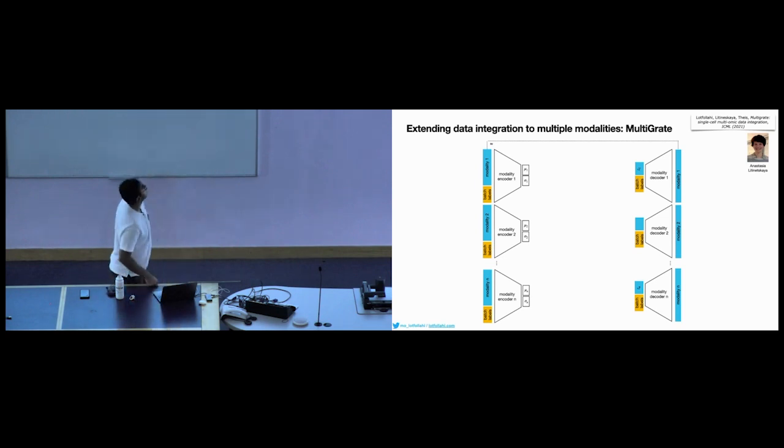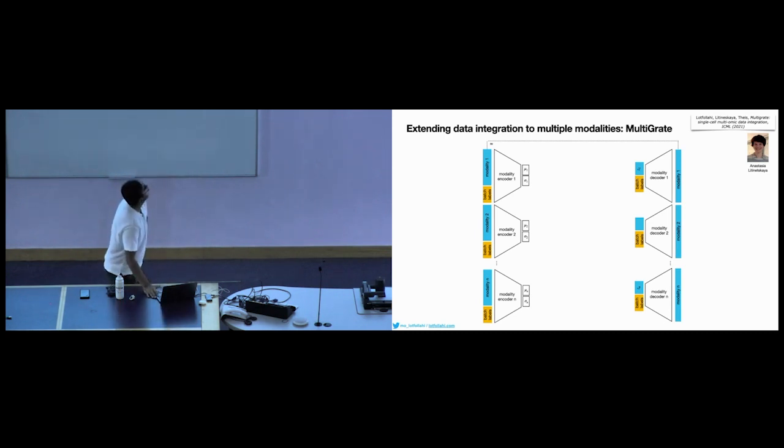This is work from, again, my PhD, but in collaboration with Anastasia, whom I'm also co-supervising at the moment, where we designed a method to encode partially overlapping multimodal data, meaning you might have a single-cell RNA-seq dataset, a single-cell chromatin accessibility dataset, and a dataset where you have both. Can you integrate these or not?